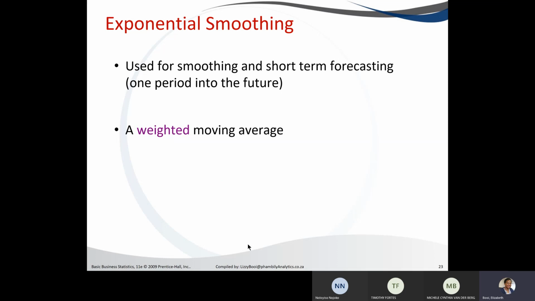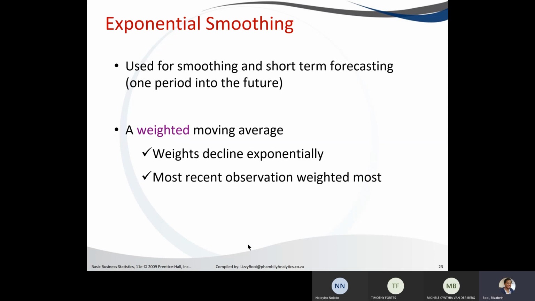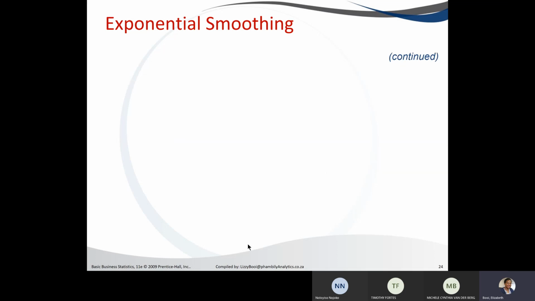So since we're using the weighted average, we can expect that the weights will decline exponentially, and most of the observations will be weighted. And then also, we should be able to plot it and see how the data looks after we've done the exponential smoothing.